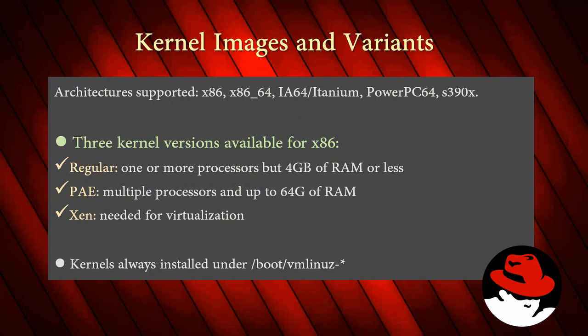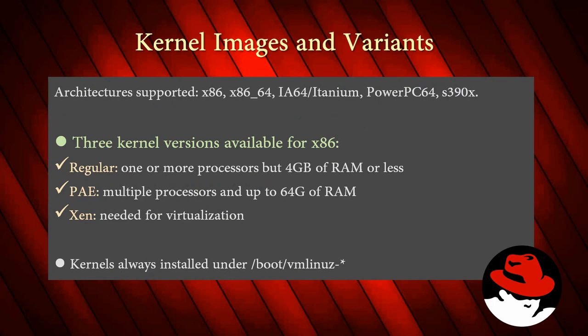But there are three kernel versions available primarily for x86 architecture that is very popular and normally used with Intel and AMD processors. One is regular, where we have one or more processors but 4 GB of RAM or less. One or more processors means single core, double core, triple core, and so on. But the RAM size is to be 4 GB or less.